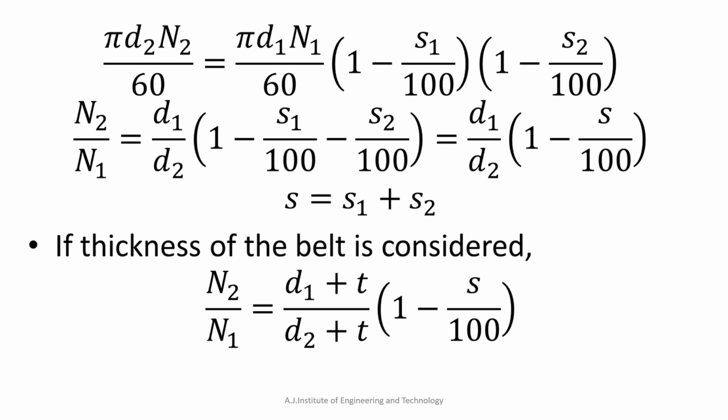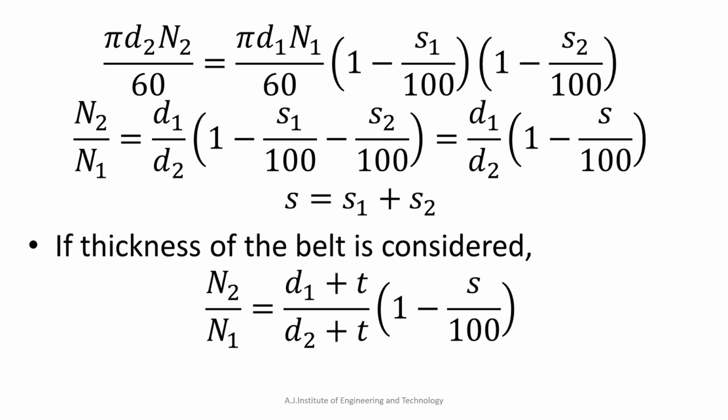So n2 divided by n1 is equal to d1 divided by d2, and the two brackets are multiplied together. You will get 1 minus S1 divided by 100 minus S2 divided by 100, plus S1 S2 divided by 10,000 from multiplying minus into minus: 1 into 1 is 1, 1 into minus S2 divided by 100, then S1 divided by 100 into 1 is minus S1 divided by 100, and plus S1 into S2 divided by 10,000.